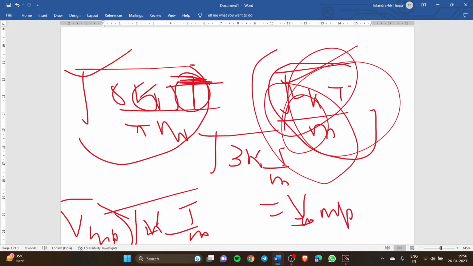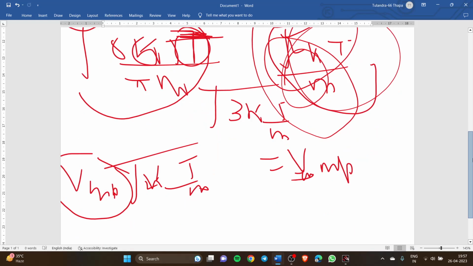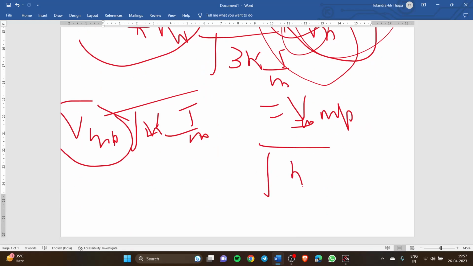Let me see if I am correct. So we get the value of v most probable experimentally. So we can calculate the value of root kT upon m from here, and then we can calculate the rest of them by multiplying.